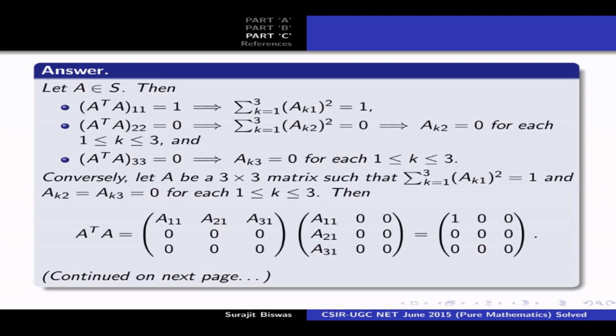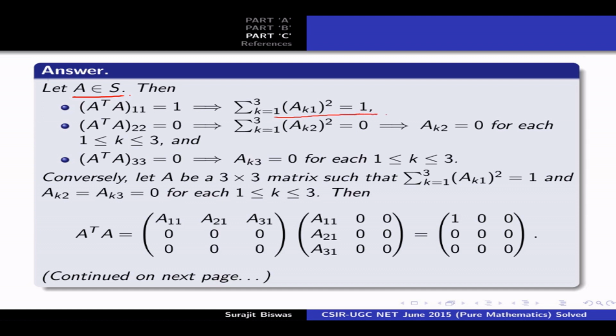Let A belong to S. Then (A transpose A) 1 1 has to be equal to 1, and if we multiply using the notation for each component of A, we see that this would be equal to the summation over k from 1 to 3 of ak1 square, and this has to be 1.